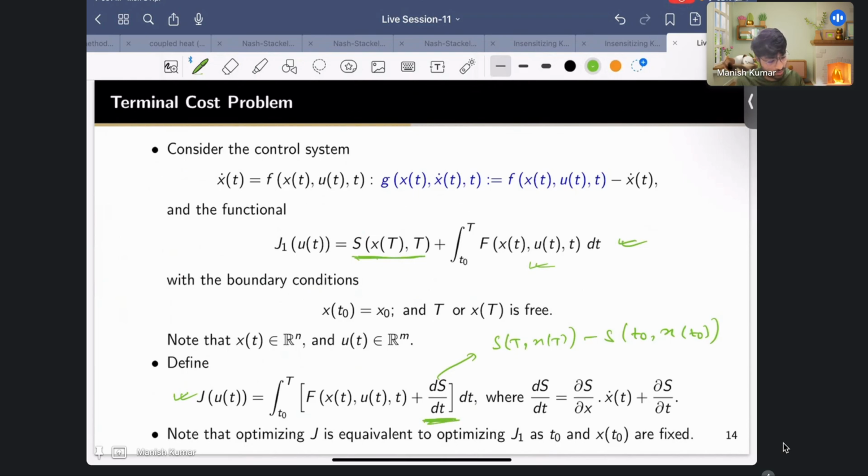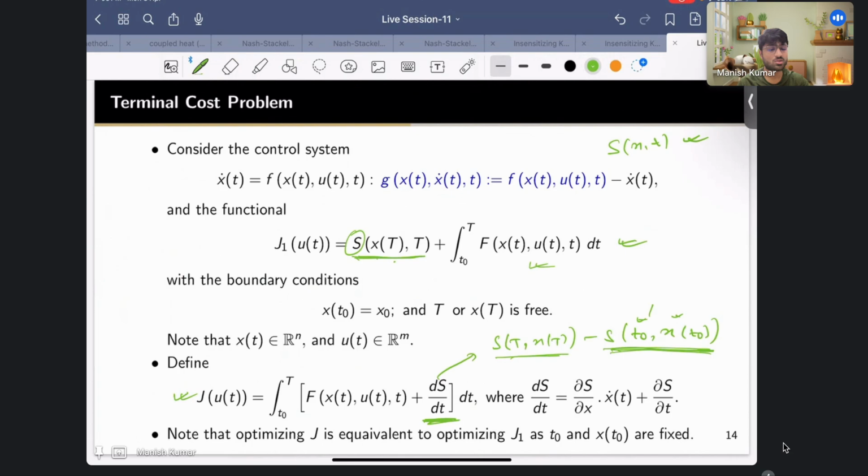Now this s at T is what you have seen in the previous functional, and this is something which is extra, correct? But this is the quantity which you already know. This s function is given to you, so you know how s is acting. So s of x comma t is known to you, and x at t naught and t naught are known to you.